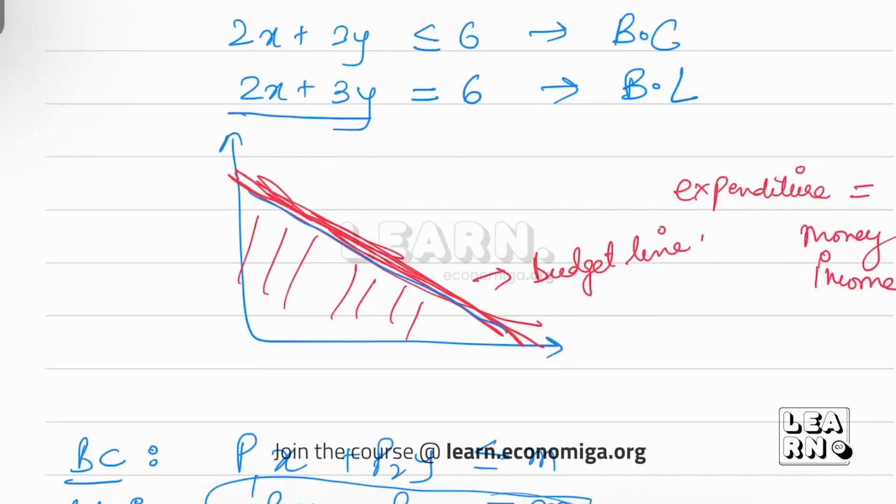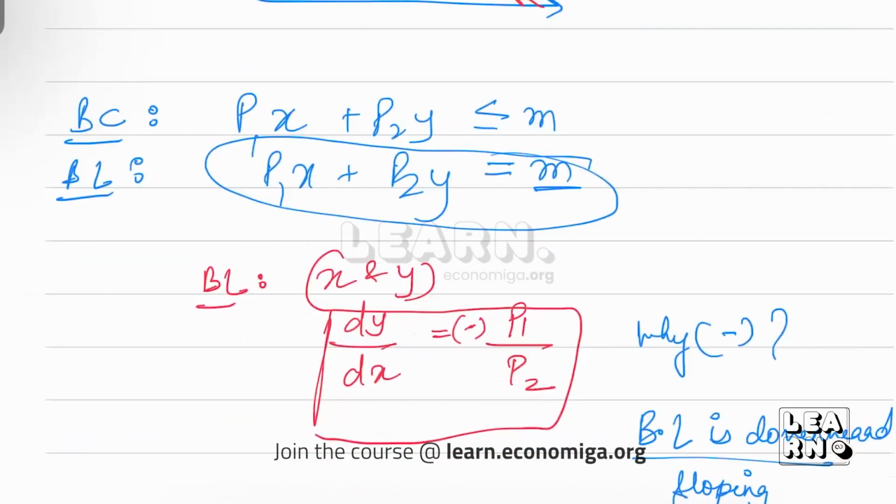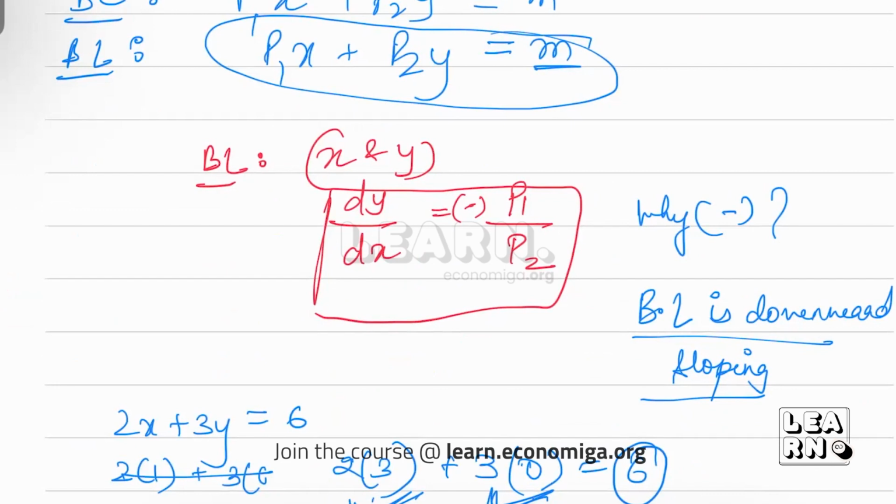The slope of this budget line is given as minus P1 by P2, which is the market rate of sacrifice, the rate at which the market asks the consumer to sacrifice one good for the other. It has a negative sign because the budget line is downward sloping. You cannot increase the consumption of two goods at the same time; you have to consume more of one good in lieu of less of the other.